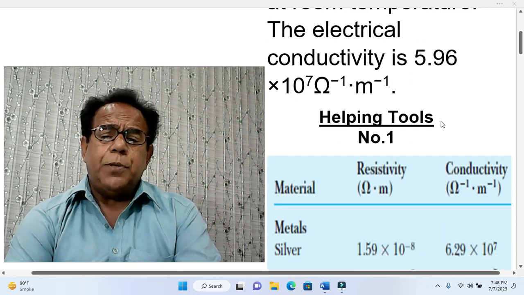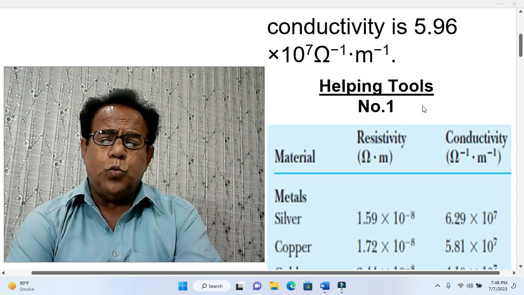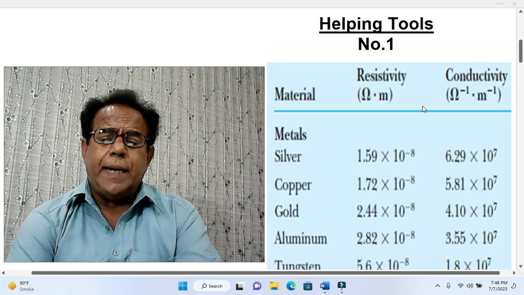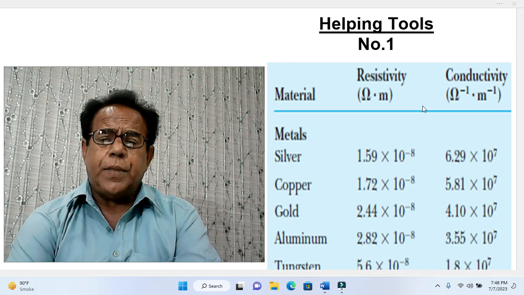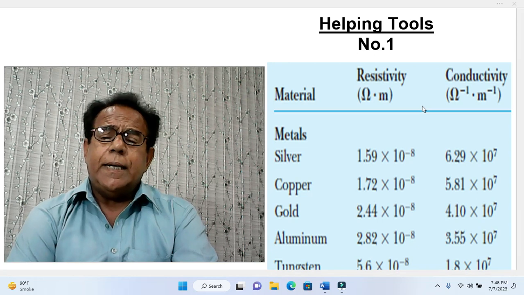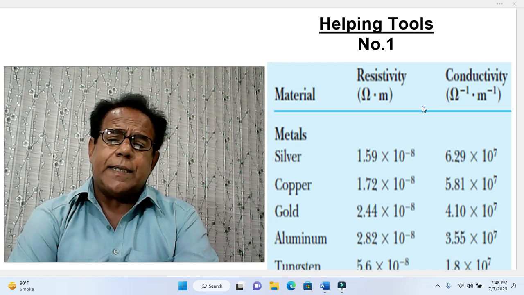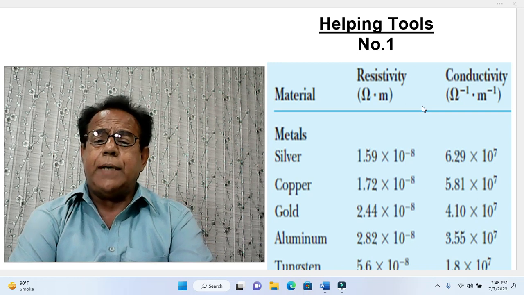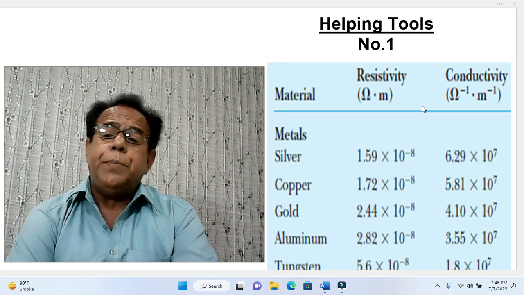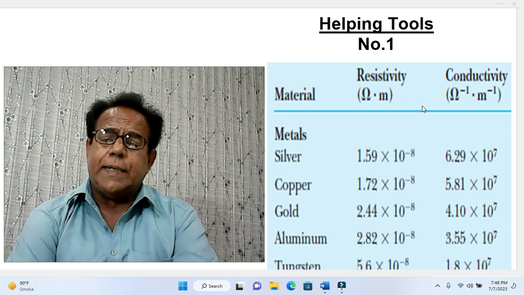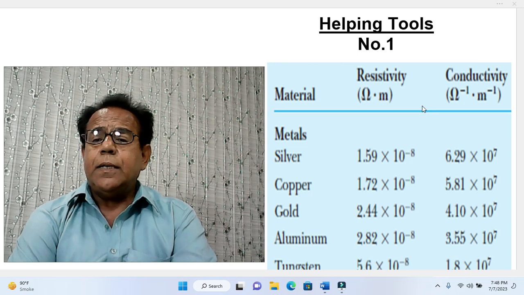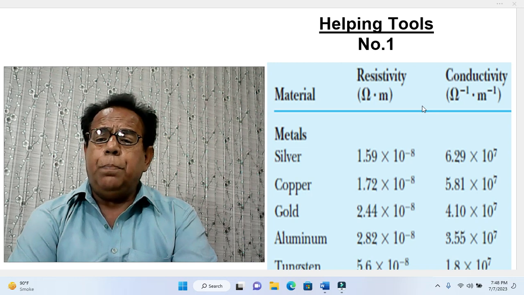Now we move to helping tools. In the first helping tool, copper comes at serial number 2. In this table, resistivity as well as conductivity both are given. Copper resistivity is 1.72 into 10 to power minus 8 ohm meter, while its conductivity is 5.81 into 10 raised to the power 7 per ohm per meter.